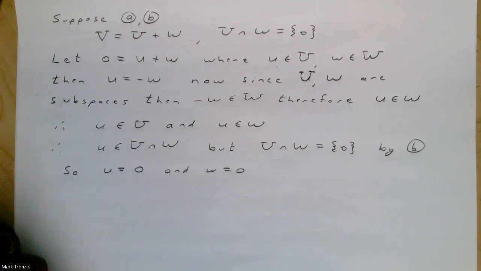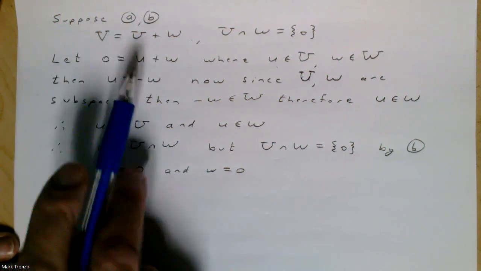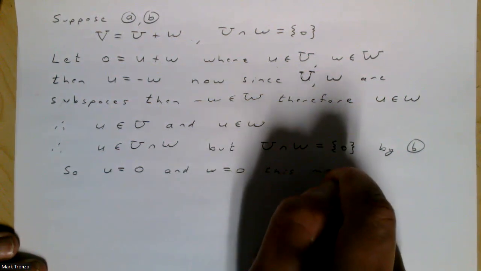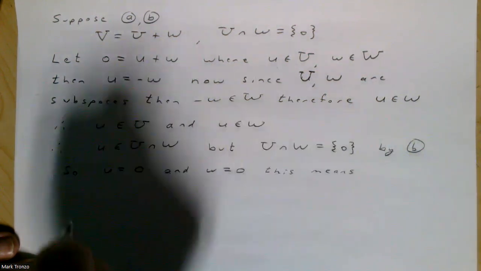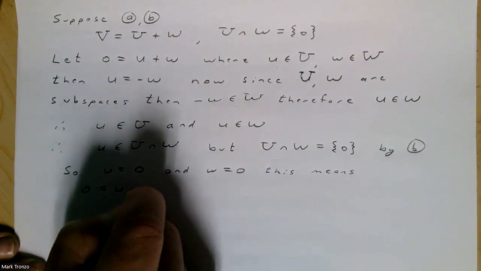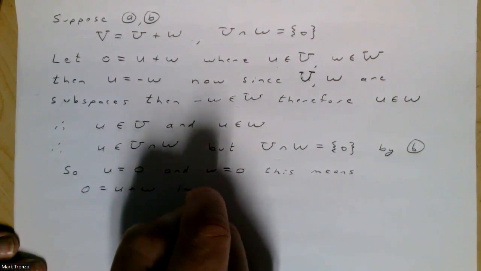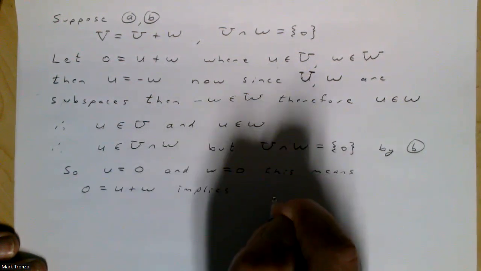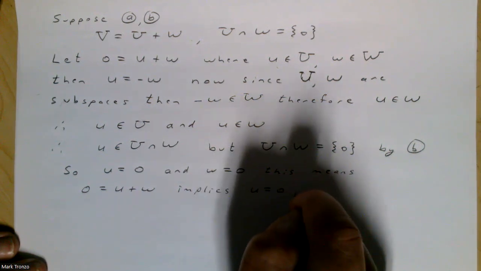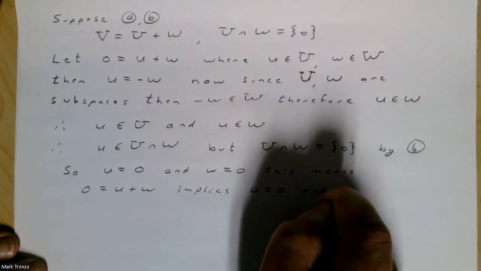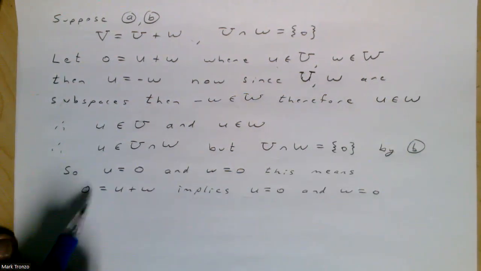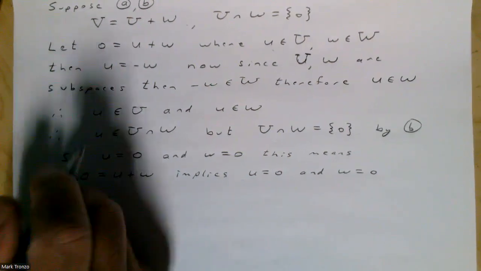So again, what this implies is, zero equals u plus w implies u is 0 and w is 0. So now we're going to use this to prove uniqueness.